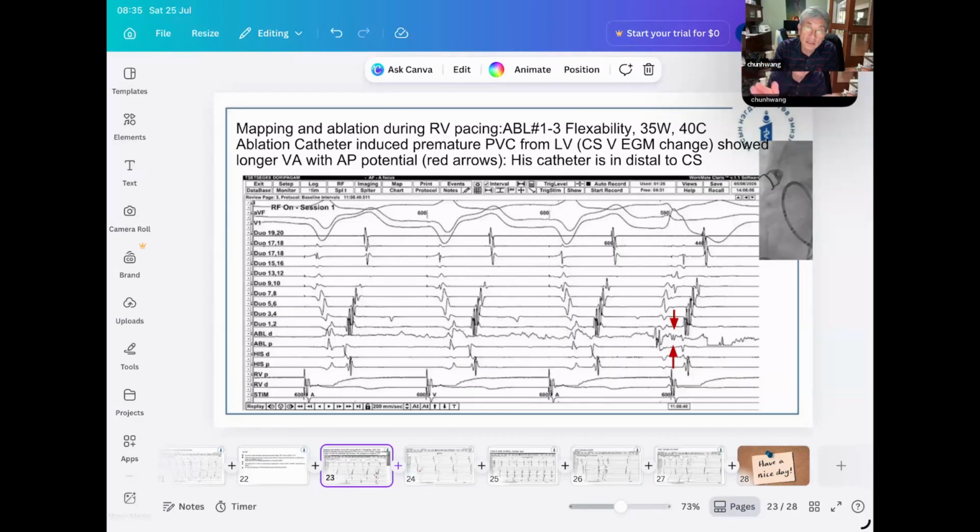Second, the clinical history of this patient is not consistent with PJRT. Why? PJRT starts at a young age, not typically at 60. This is not the usual clinical feature. So if you want to characterize an arrhythmia, the first important thing is to take a detailed history: when it started, how often it is, how it starts, when they try to increase exercise, whether it starts the tachycardia, and so on.